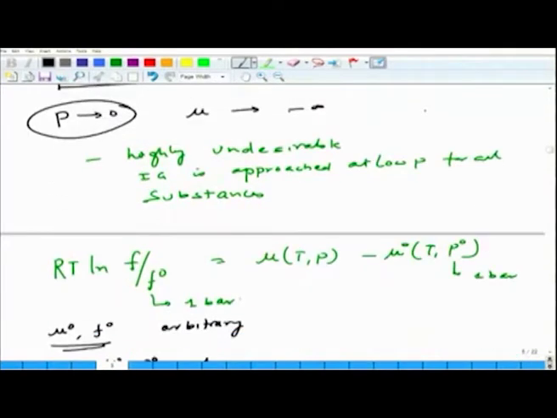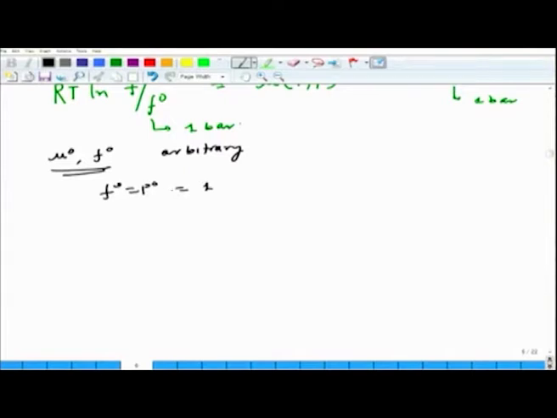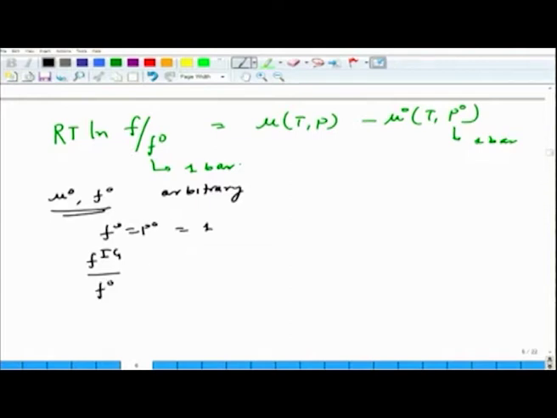For an ideal gas, f0 equal to P0 equal to 1 as a reference would mean that f equals P. You can derive this because μ minus μ0 is nothing but RT ln(P/P0) for an ideal gas, and since f0 equal to P0 equal to 1, you should be able to get this expression.